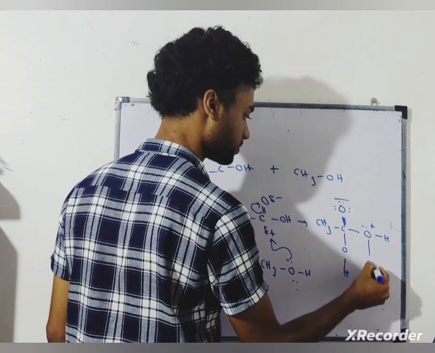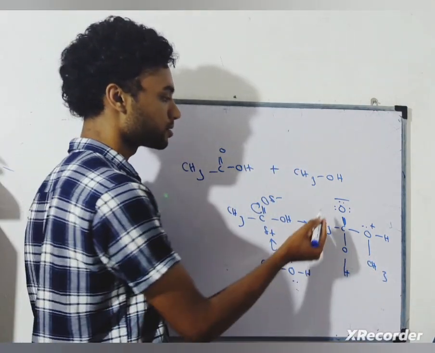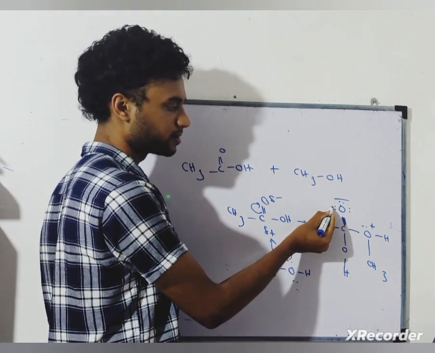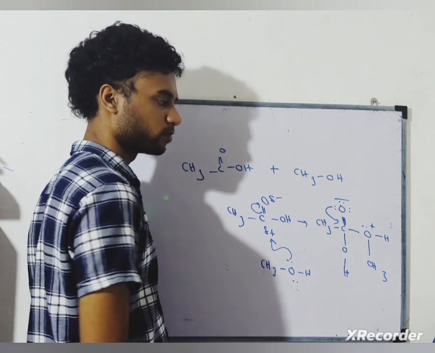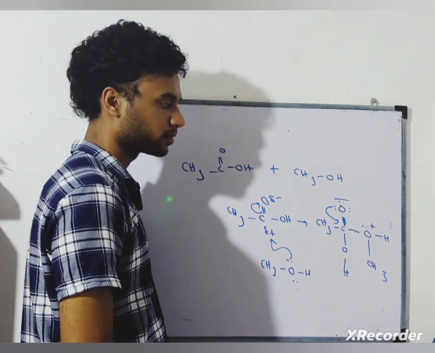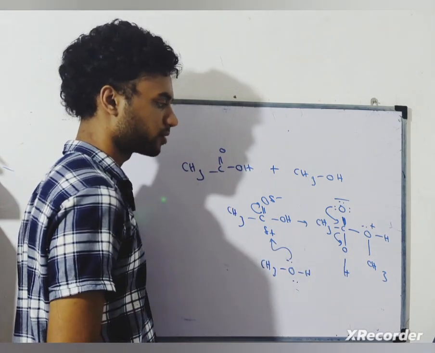What's going to happen then is this lone pair is converted into a bond pair. Then carbon cannot have more than 4 bonds, so the OH is released, right?